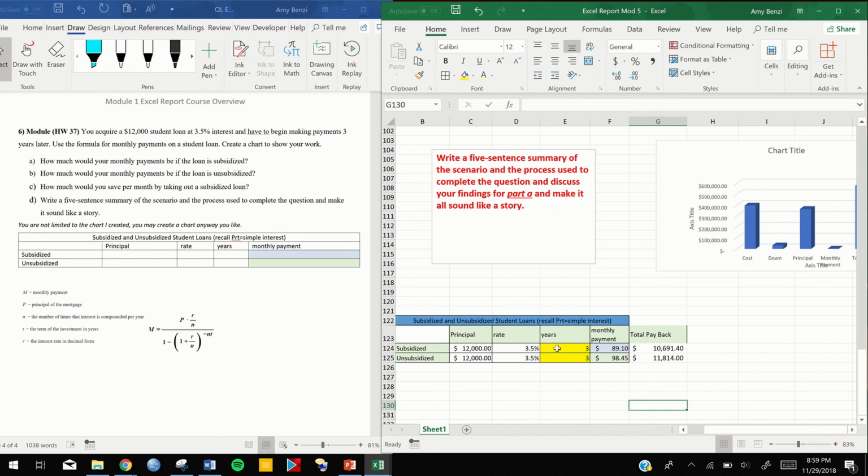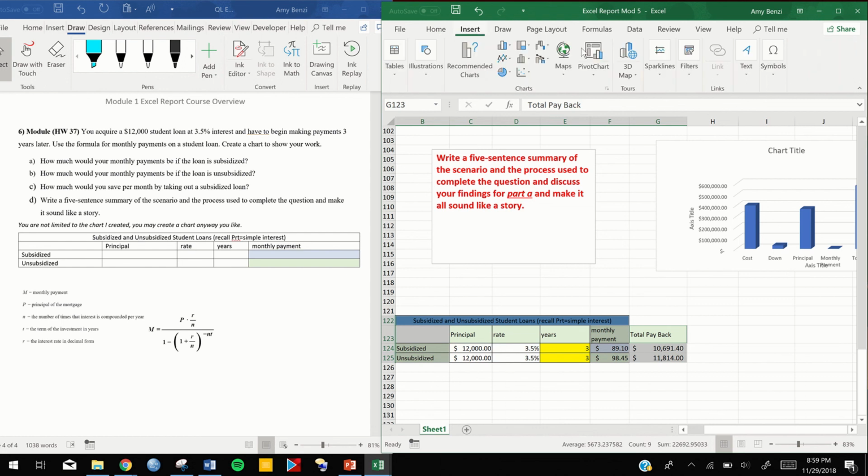All right, then of course I would want you guys to create a graph here. You might just use where it says subsidized and unsubsidized. I'm just going to select all this stuff and see what it looks like.